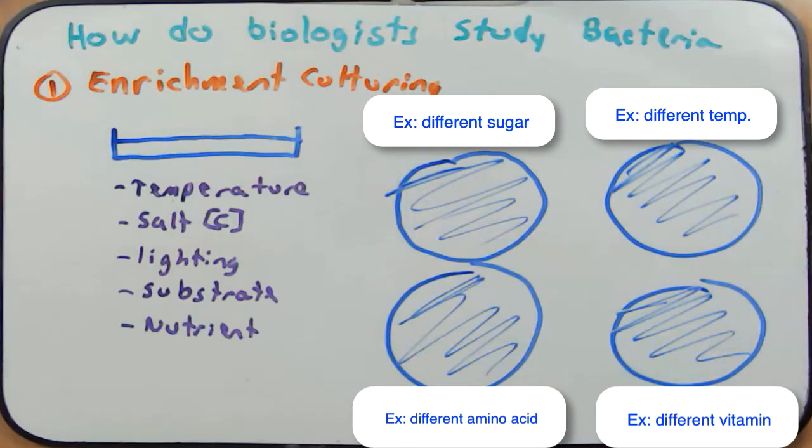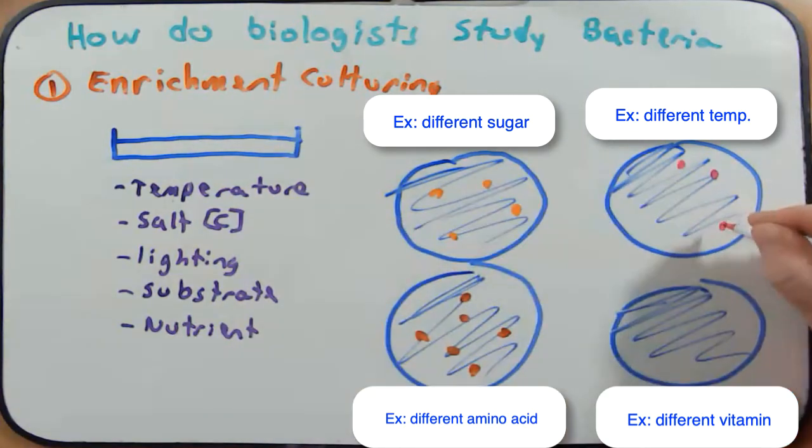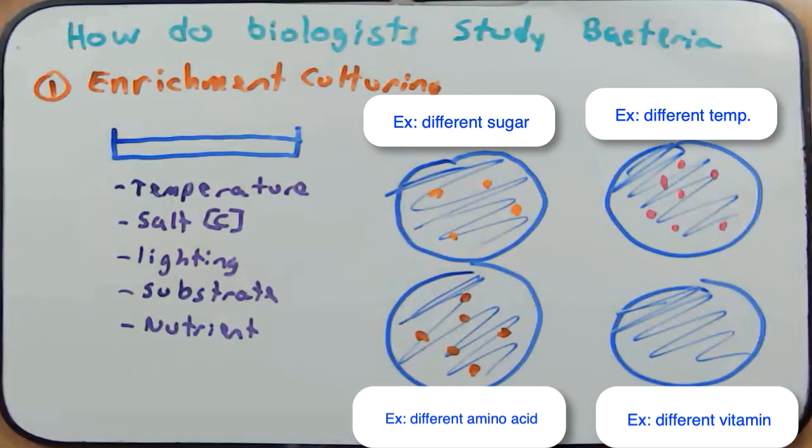What they may find is that under some conditions you see more colonies growing. Under different conditions, you'll see colonies growing, but maybe they're different kinds of species. You may have some conditions that don't support any kind of growth.